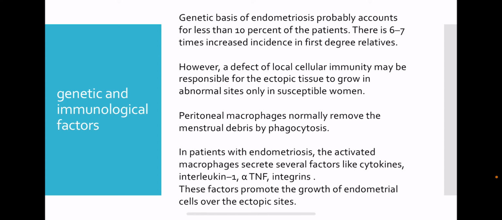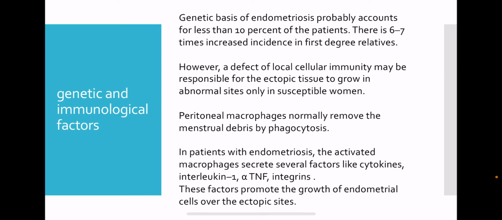In patients with endometriosis, the activated macrophages secrete several factors like cytokines, interleukin-1, alpha tumor necrosis factor, integrins. These factors promote the growth of endometrial cells over the ectopic sites. In people who are immunologically deficient, the macrophages secrete cytokines like interleukin 1, tumor necrosis factor and integrins.